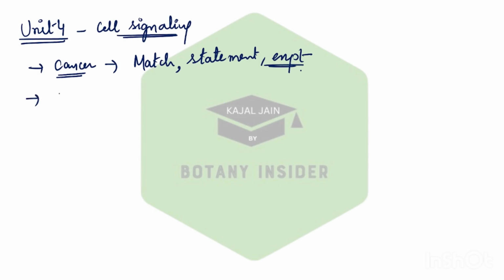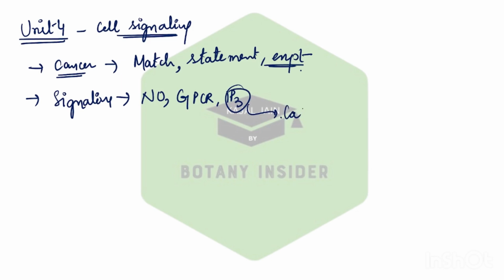Then another topic is the various signaling pathways, majorly nitric oxide, the GPCR pathway, and the IP3 DAG pathway, in which we study calmodulin as well, which is your calcium carrier. We can also get a question on the properties of cAMP.